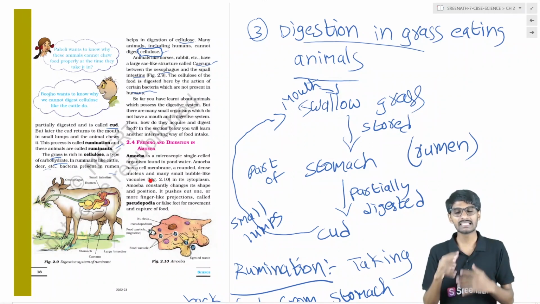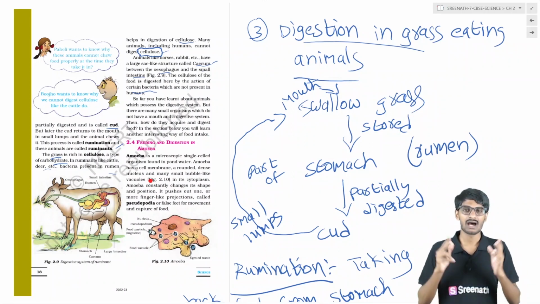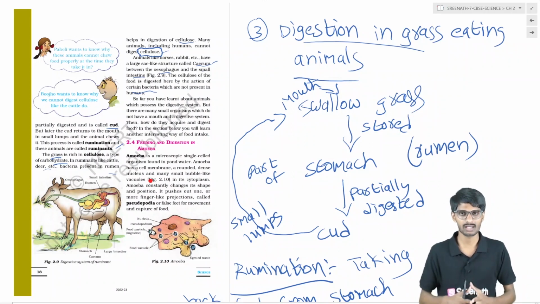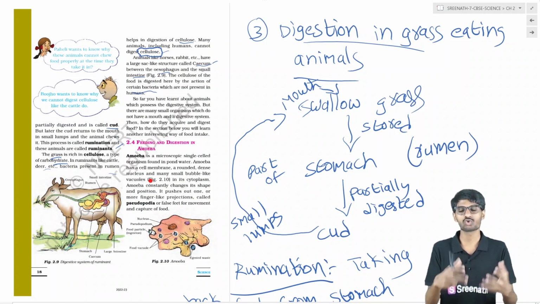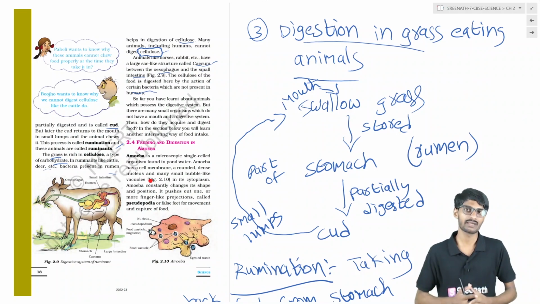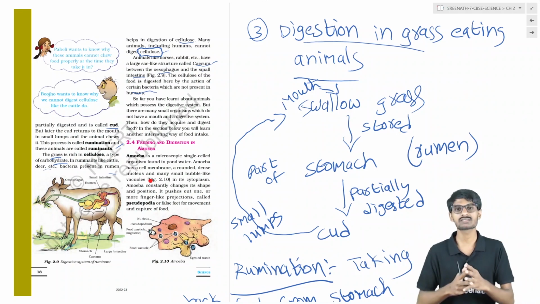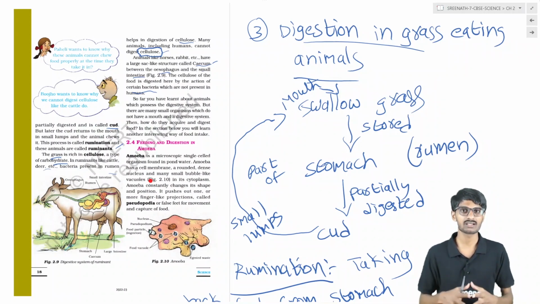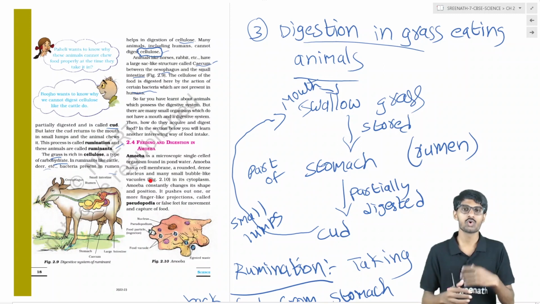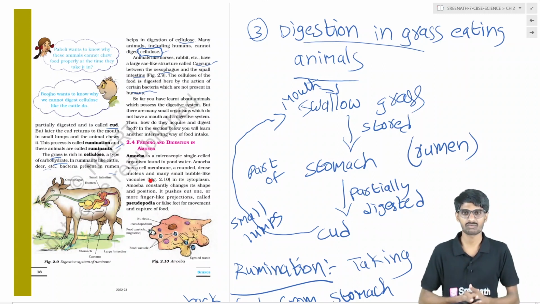So many highly developed organs are there, and these organs are multicellular. Many cells are combined, millions and trillions of cells are there in those organs. Using those millions of cells the organs are created, and these organs together do a lot of work to digest our food.